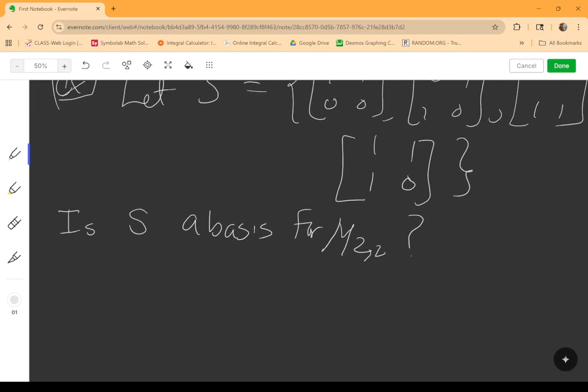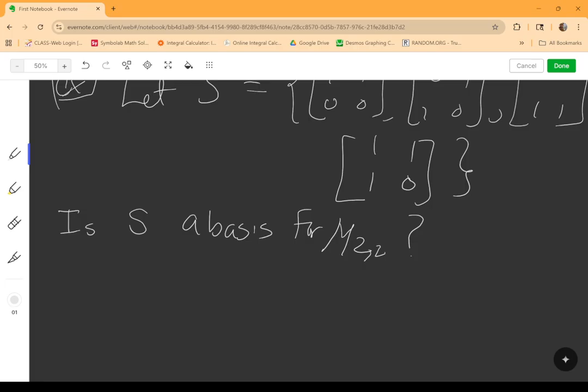All right, so for all matrices, row 2, column 2. Okay, so in order for it to be a basis, two things need to happen, right? They need to span the vector space, in this case M 2 by 2, and they need to be linearly independent. All right, so let's take a look.